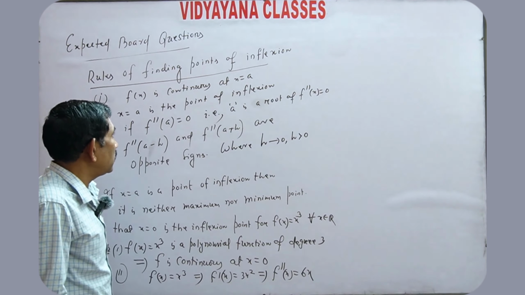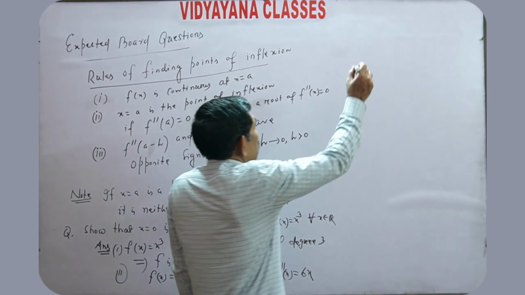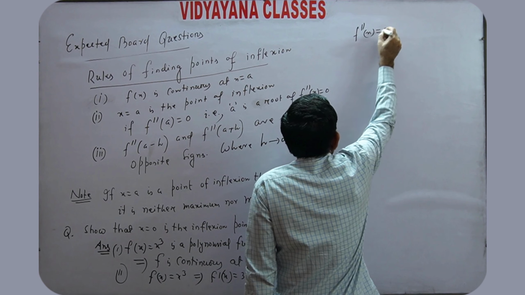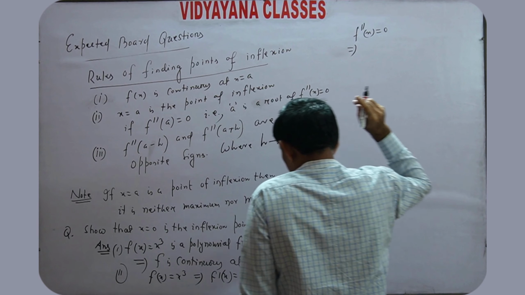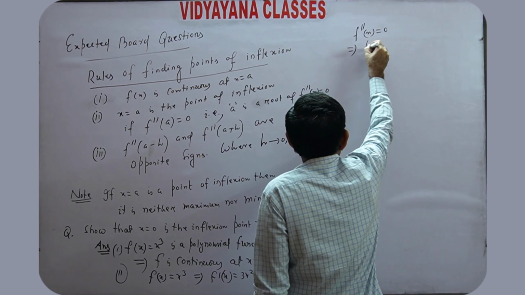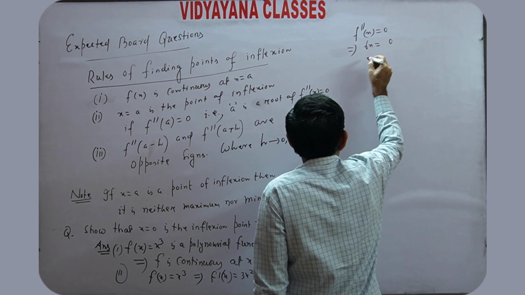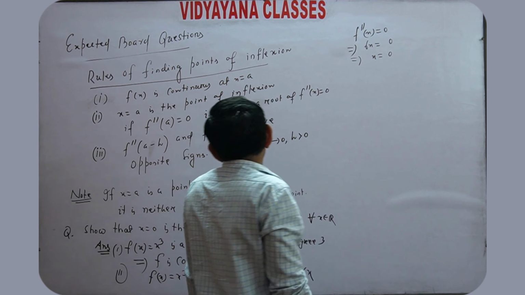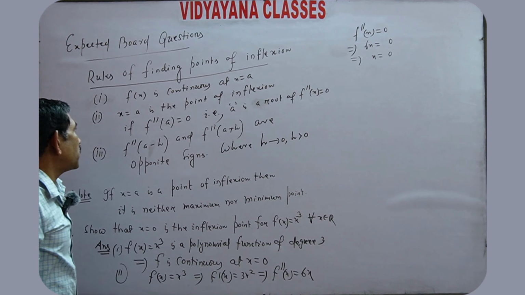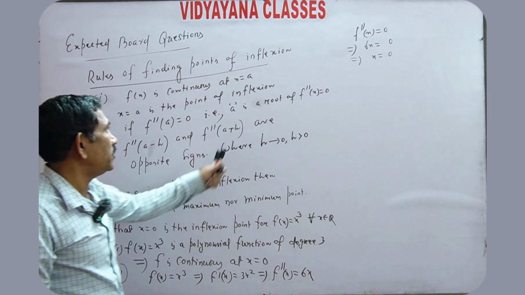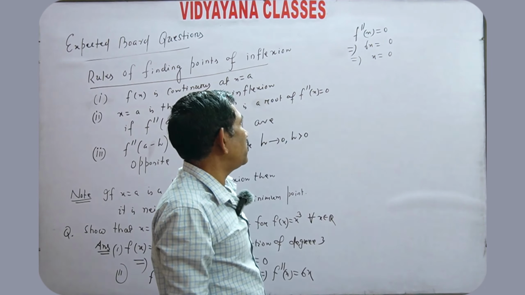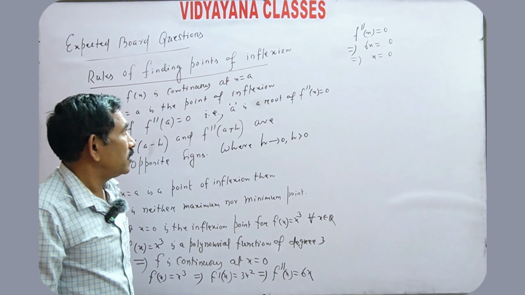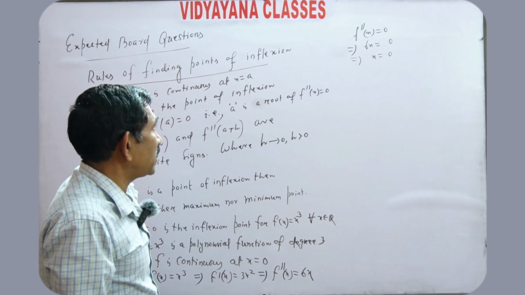Clear? f double dash x is equal to 0, that is 6x is equal to 0, x is equal to 0. The second condition is satisfied, that is, 0 is a root of f double dash x equal to 0. Clear? So the second condition is satisfied.